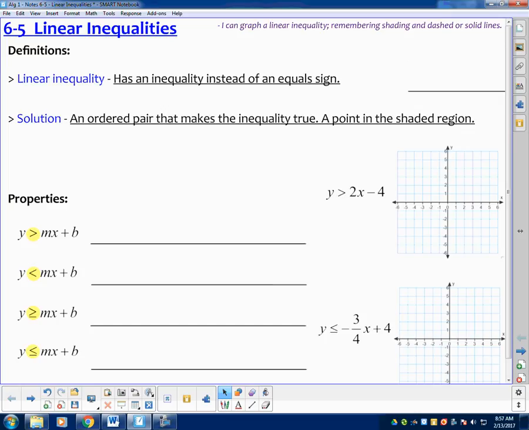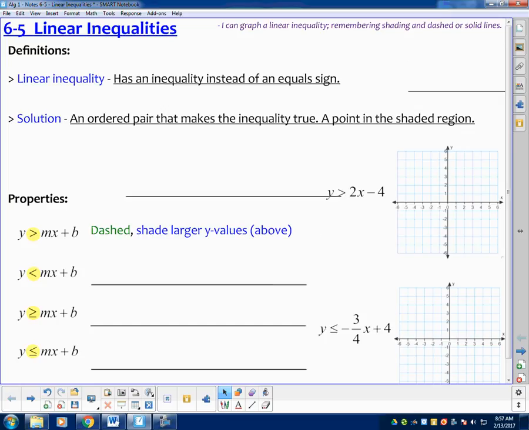And then where are we shading? The shaded area means we're including all of those points in our solution. Okay, these are very important here. Circle the inequality, please.